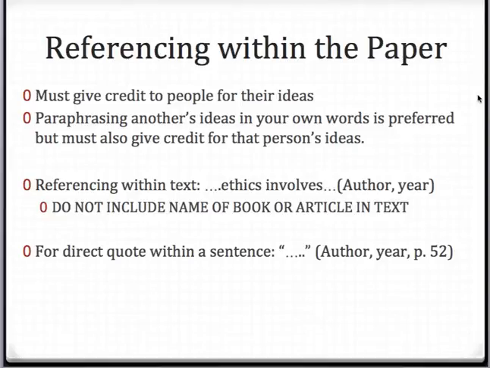It is not necessary or really correct to ever include the name of the book or article within the sentence in text. So do not include the name of a book or the name of the article.